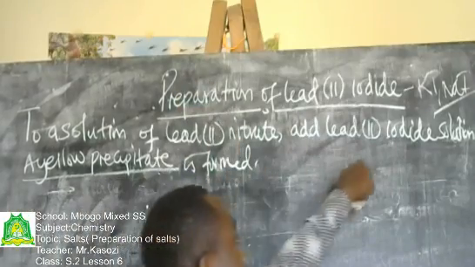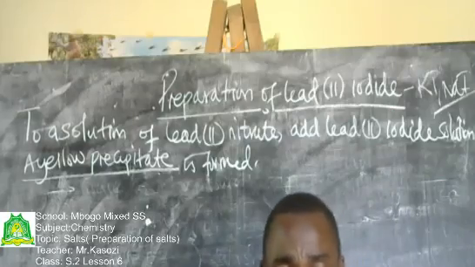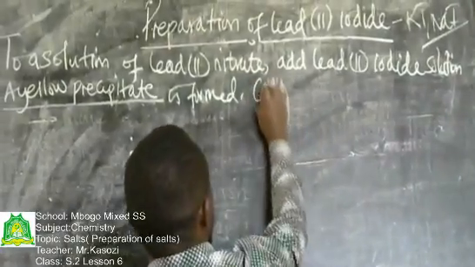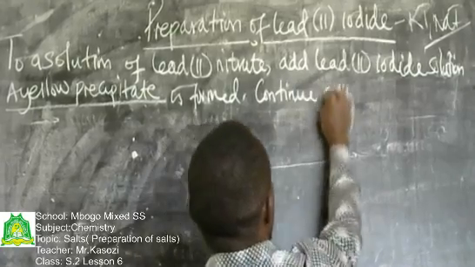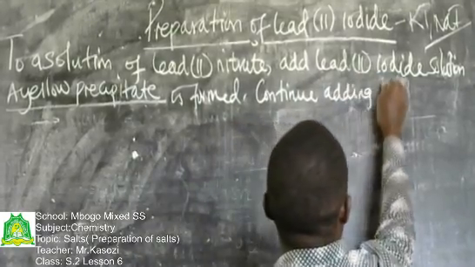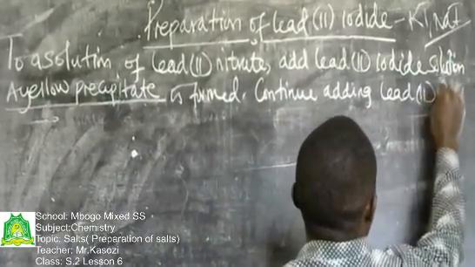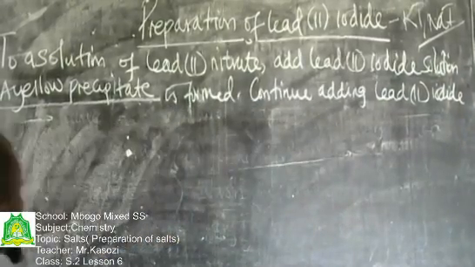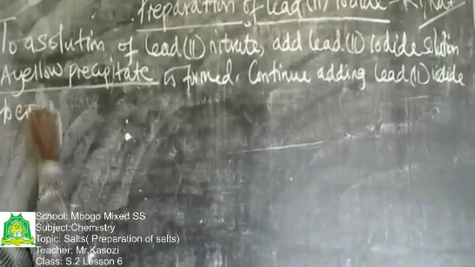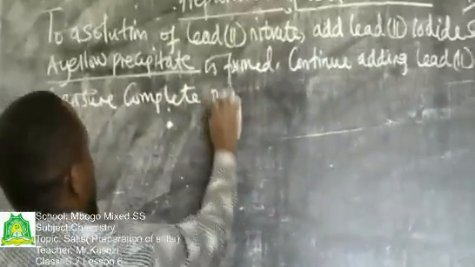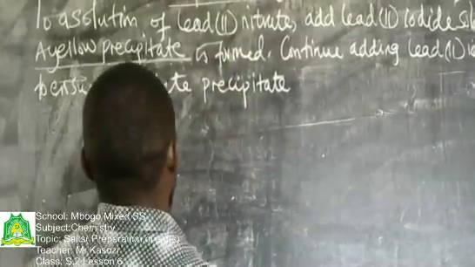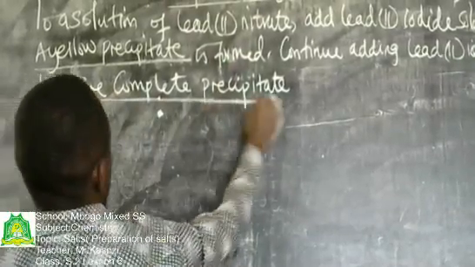We continue to add the iodide solution. Why? To ensure complete precipitation. Continue adding to ensure complete precipitation. Complete precipitation. Stop.